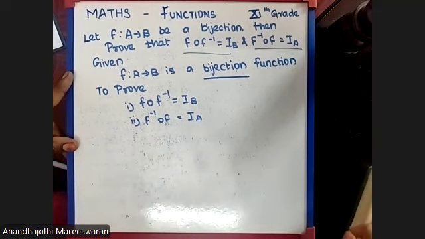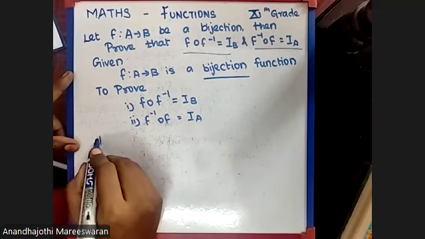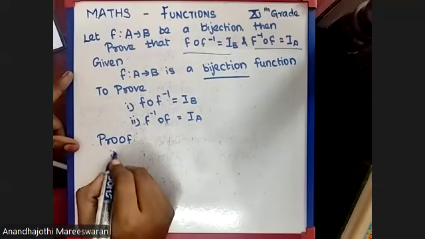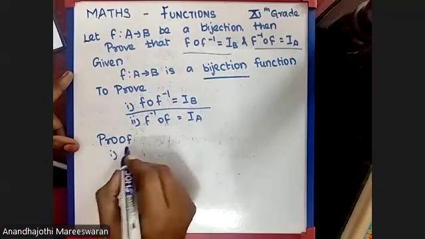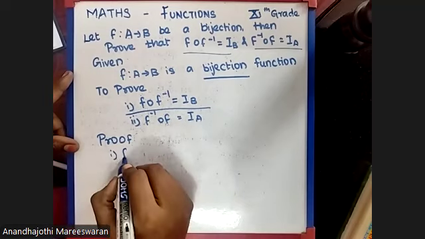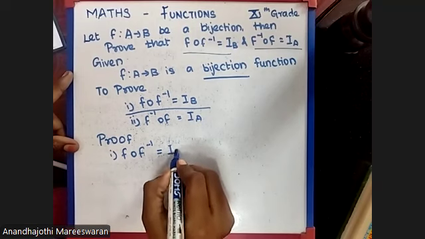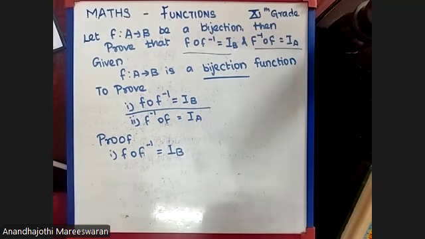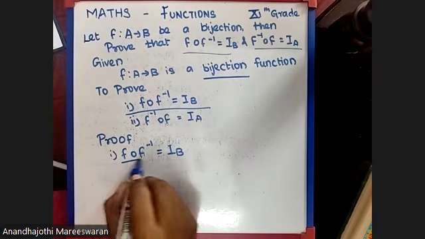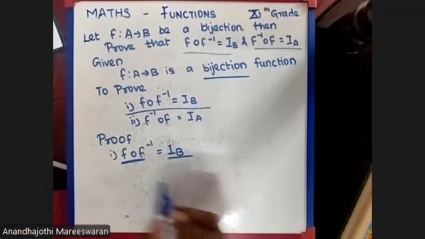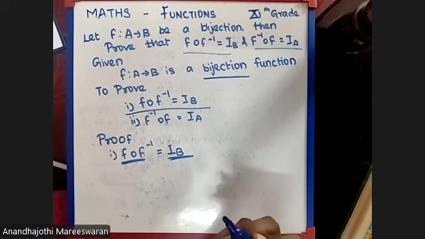Yes, of course. So for the first proof, we are going to prove f circle f inverse equals I_B. Here we are going to show that two functions are equal.